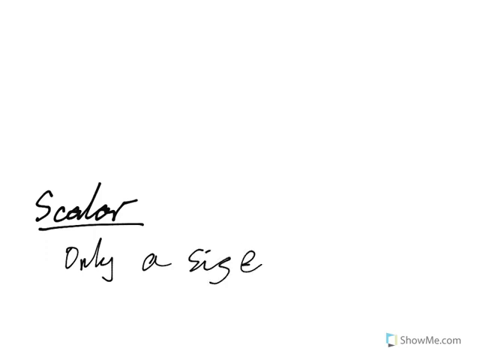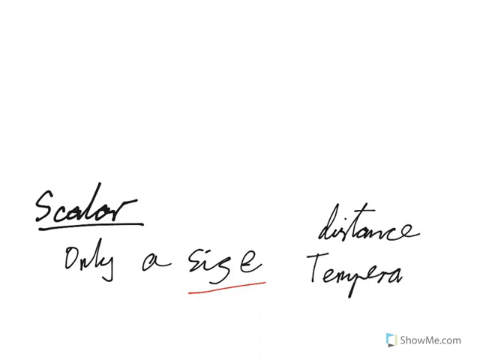Right, it only has a size. That's in your notes, that's the missing bit. So things that only have sizes, like distance, temperature, mass, time. All of those things have just a size.